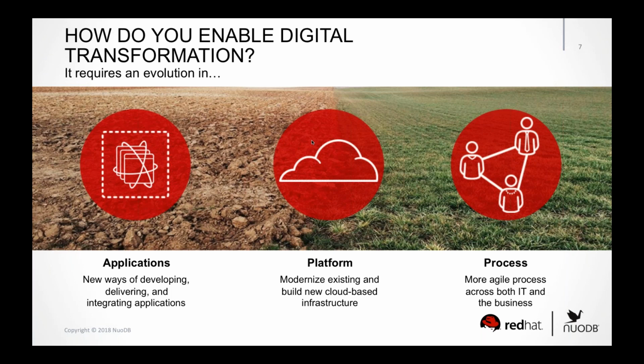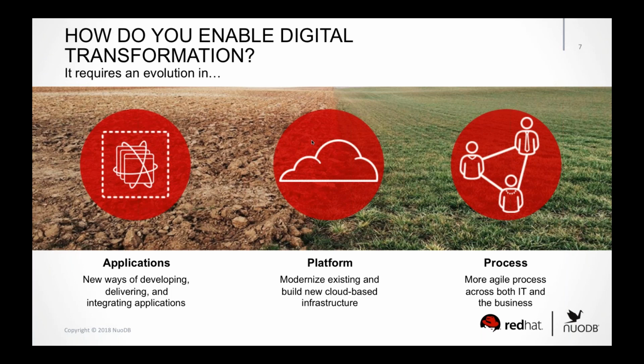Okay, so first, digital transformation. I'm going to talk a little bit about how Red Hat thinks we should do this and how OpenShift is at the core of that. So first, we need a way of changing how we build applications and how we deliver them, CICD, basically the whole process from building through deployment to production. We need to work on our platform.